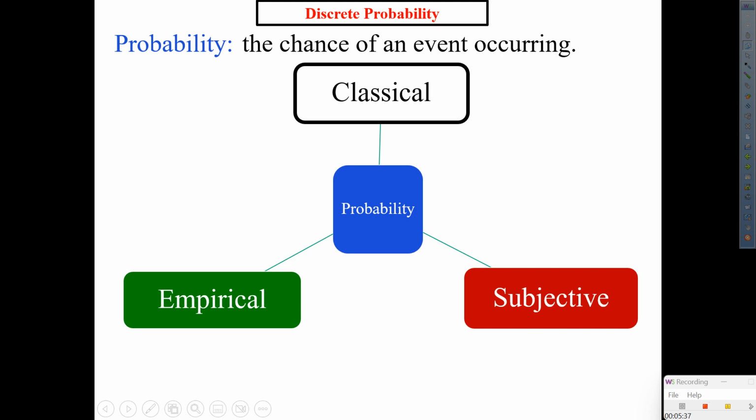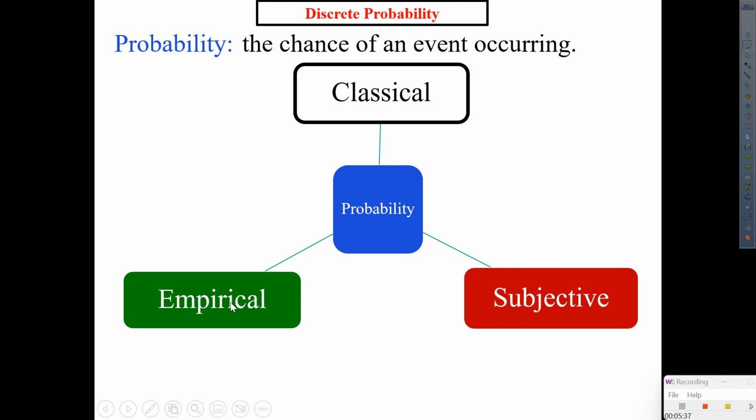All right. What's the difference from one to the other, Andrew? So a classical gives it an equal chance, okay?